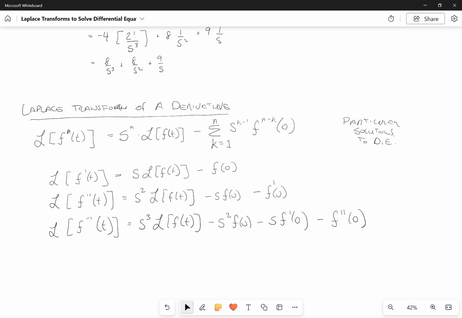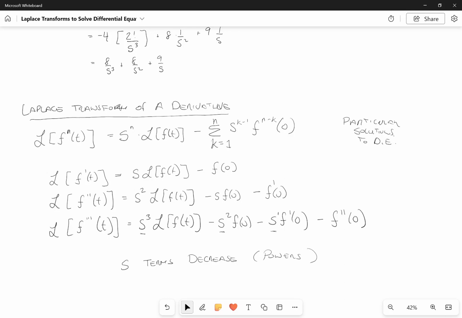So what do you notice here? Well, we started with s to the 3. We have s squared, s to the 1, and then s to the 0, right? So the powers of s decrease.